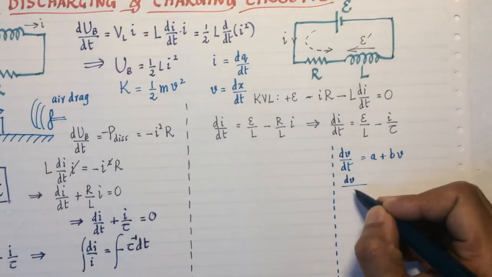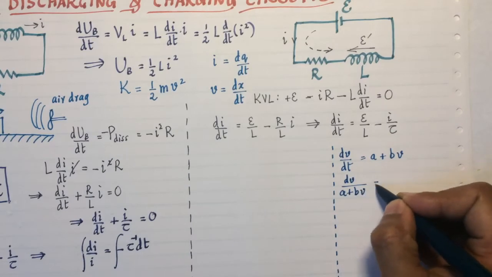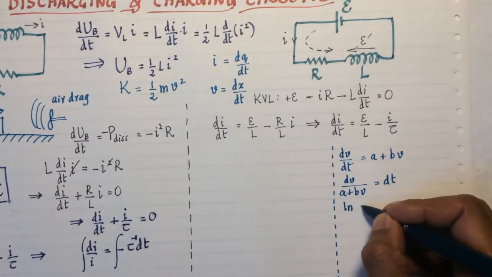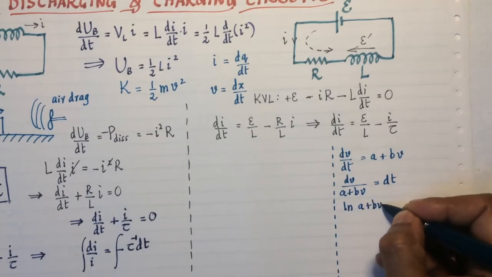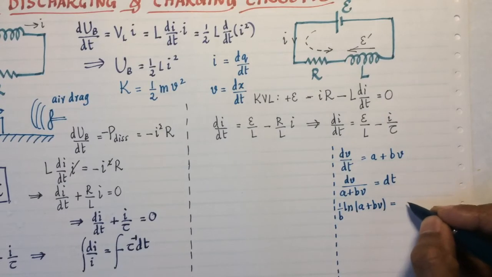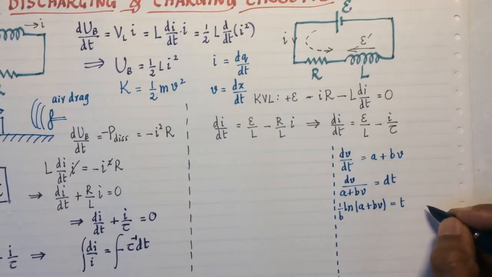So that gives me dv over A plus bv equals dt. Integrating both sides, I'll get natural log of A plus bv, but I have to divide by b, so 1 over b equals time t plus some constant. Now I'm going to write this constant in a very special way.